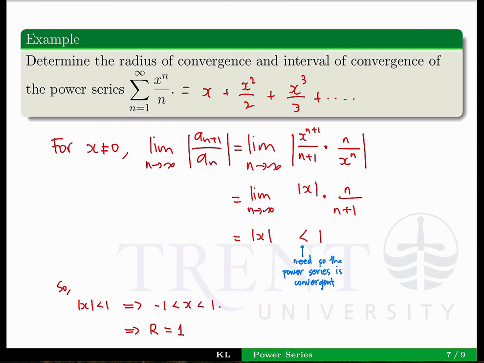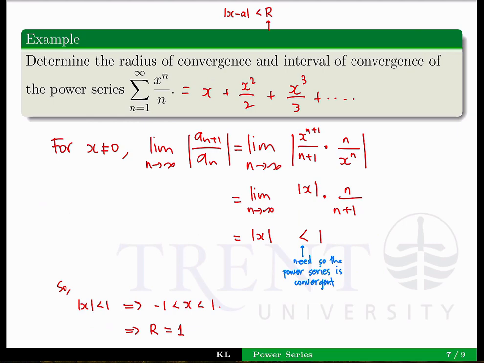Now, a lot of students are confused with how to obtain the radius. When you are in the third case, you have to make sure that you have written it in the form absolute value of x minus a less than some number. And that number will become r.